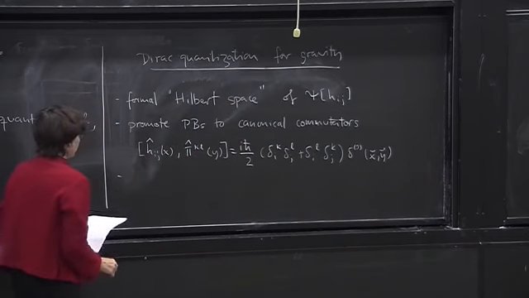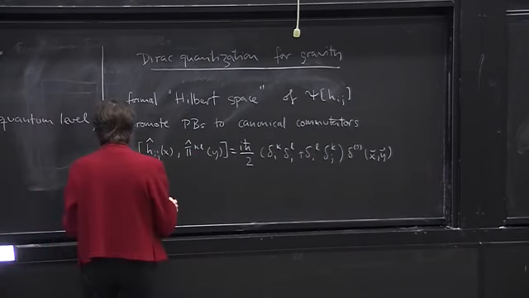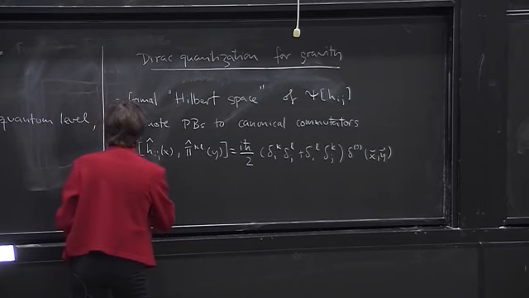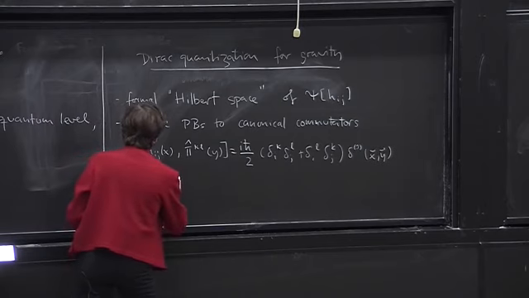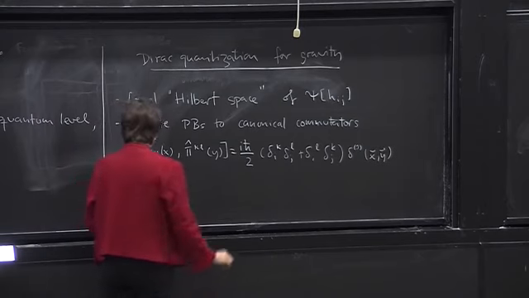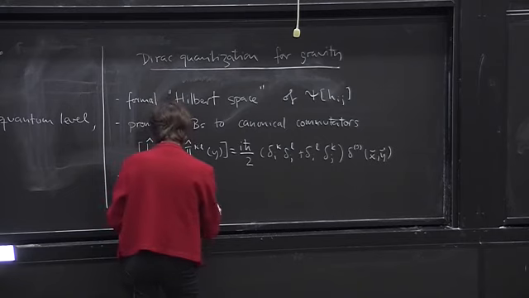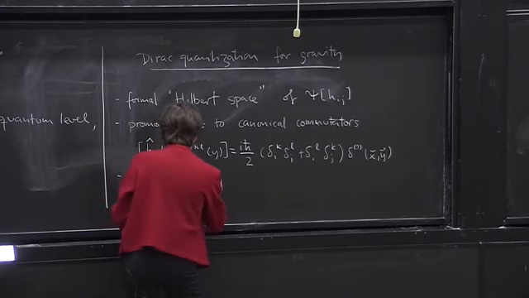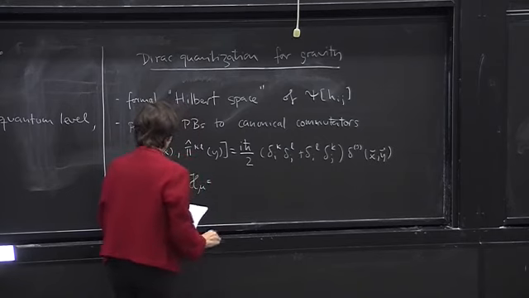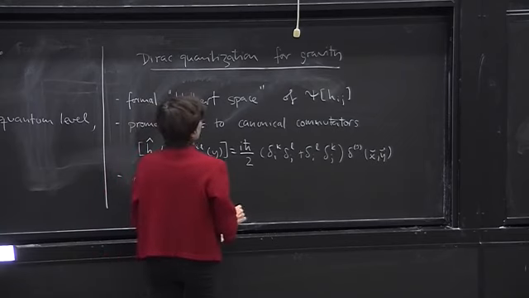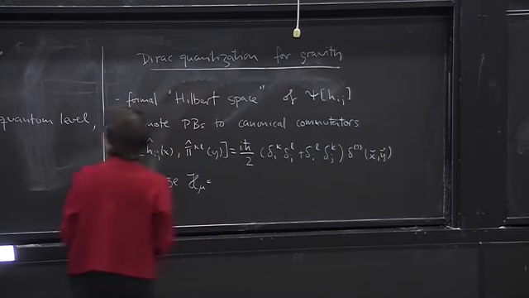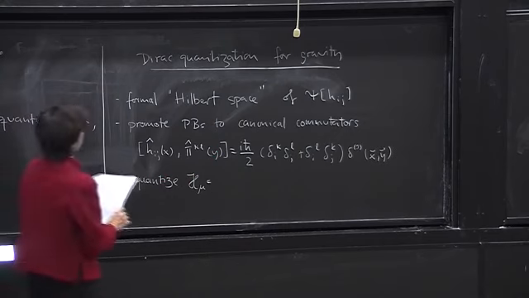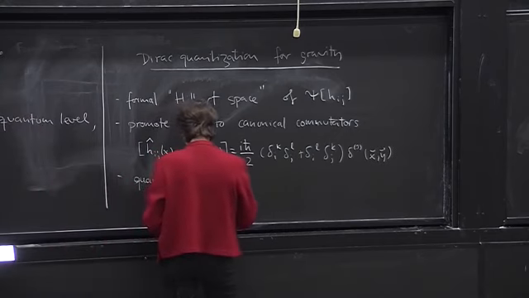Of course, we are not finished, because then we had these four classical constraints, which you now want to quantize. Let me collectively call them curly H_mu, not to be confused with the symbol for Hilbert space I've used up there.